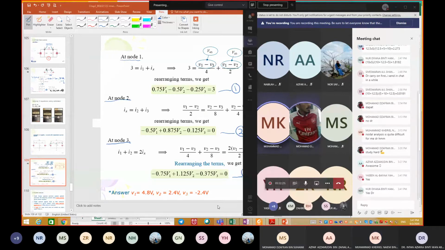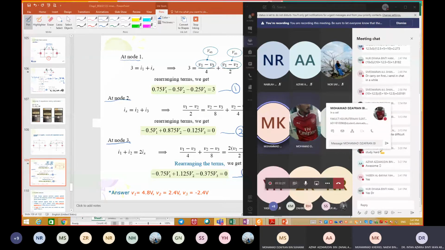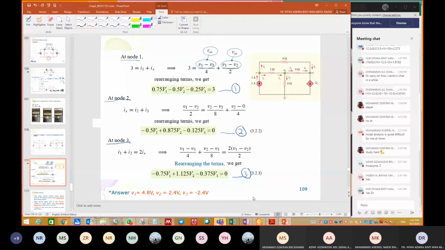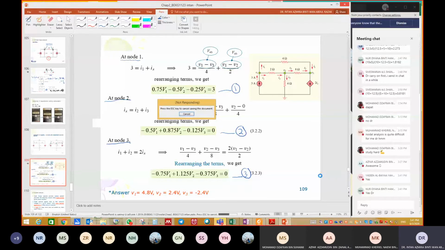Yes, Zafran. V1, V2 are negative, V3 is positive.